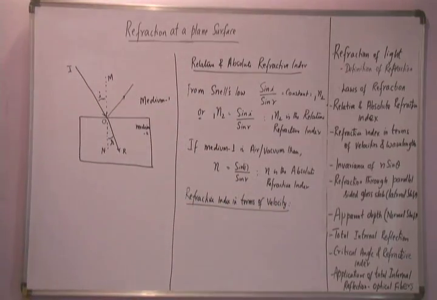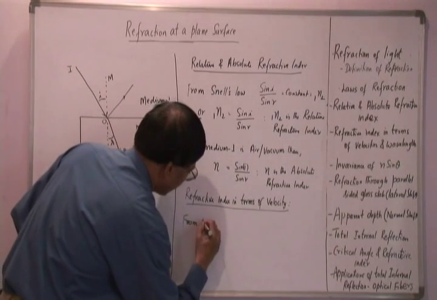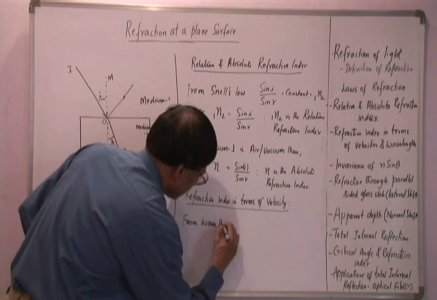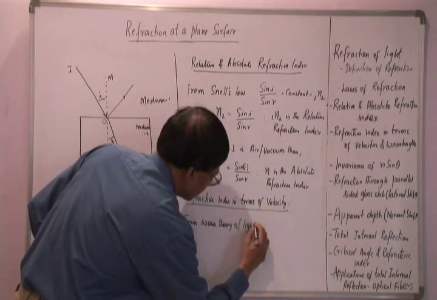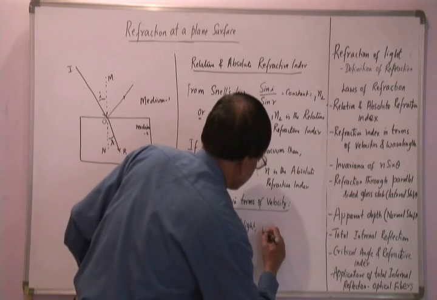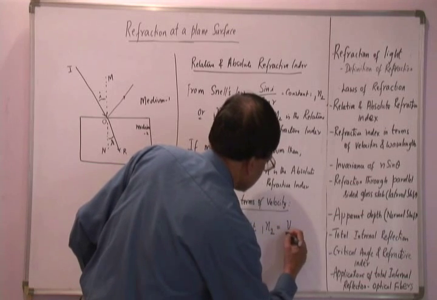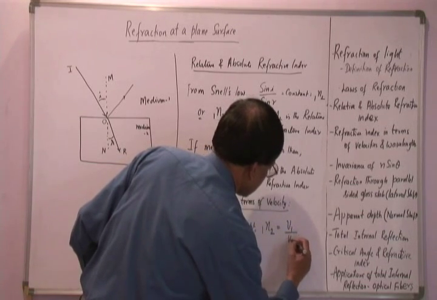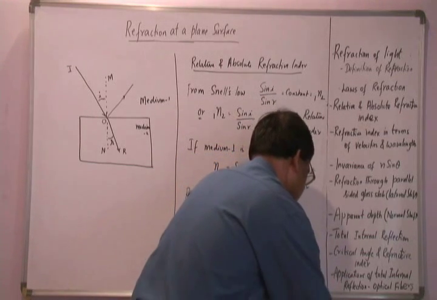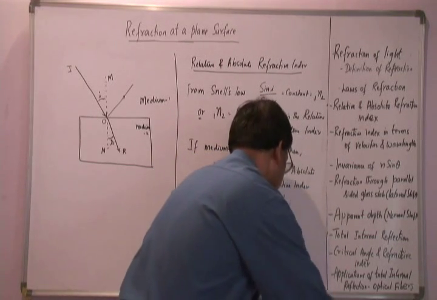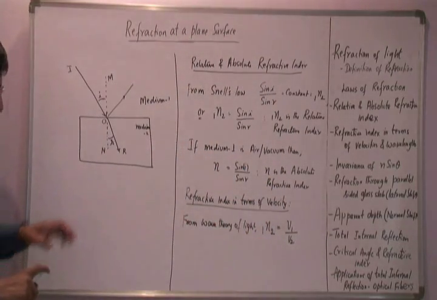From wave theory of light, it can be shown that 1 and 2 is equal to v1 divided by v2.